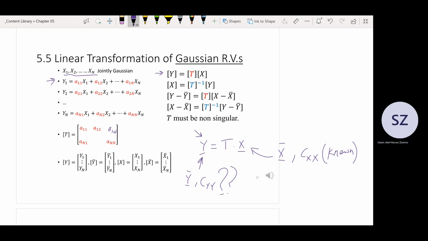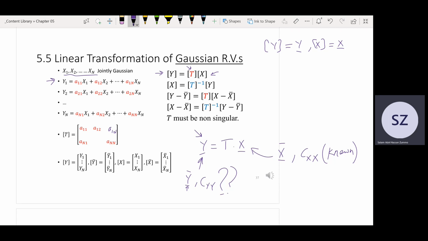Without derivation, Y will be a transformation matrix multiplied by X. In my writing, I put this as a vector; when I put a line under it, it means vector. Here in your book they use this notation: Y in brackets means Y vector, and X in two brackets means X vector. Some books use an underscore as a vector, but the book doesn't.